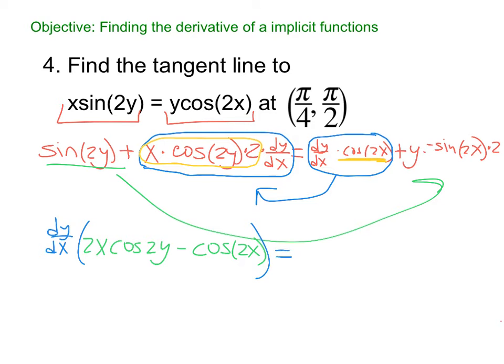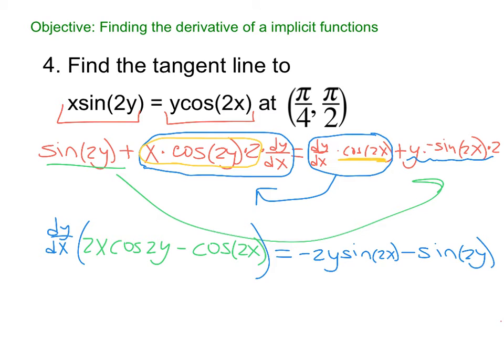Whew. And then on the right side, I'm going to simplify this. So I get negative 2y sine of 2x minus sine of 2y. You can take multiple steps if you want.